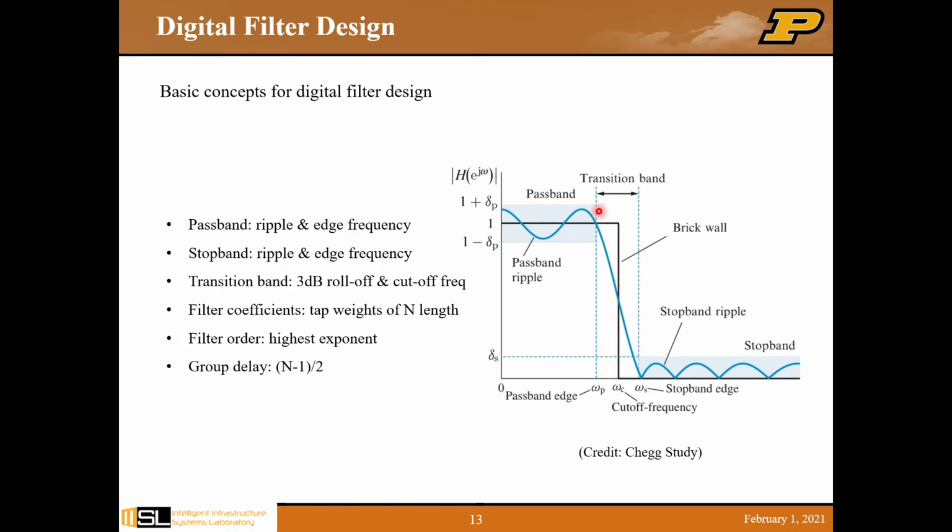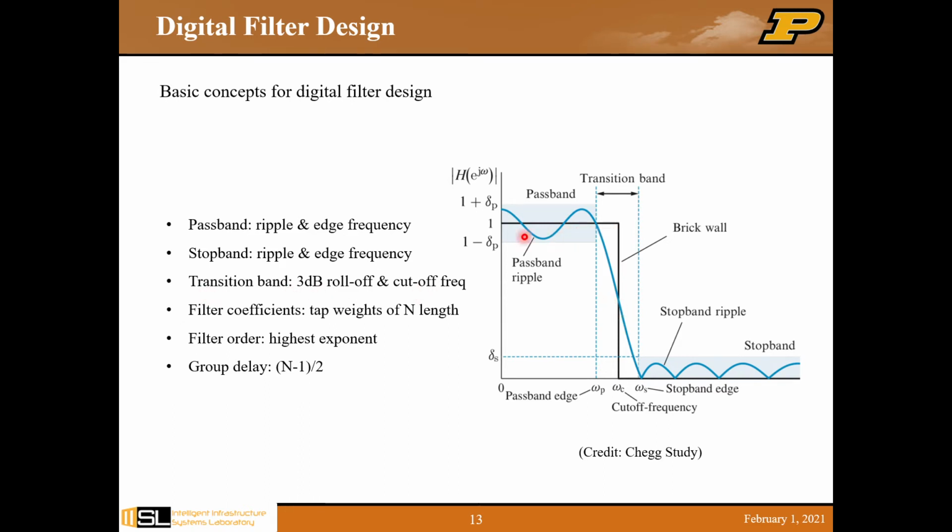There's always a small transition here. The associated property is, how do we determine the cutoff frequency? For the brick wall filter, this line corresponds to the cutoff frequency. But from a practical perspective, the cutoff frequency is determined by the 3 dB roll-off.